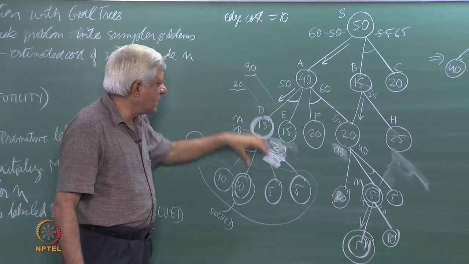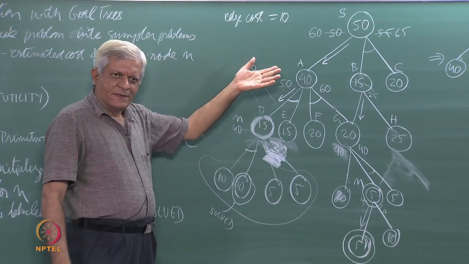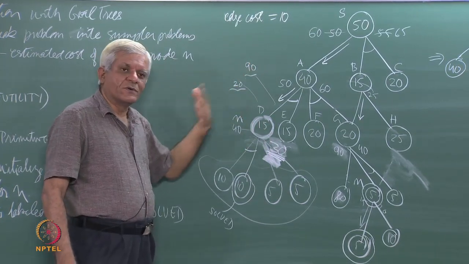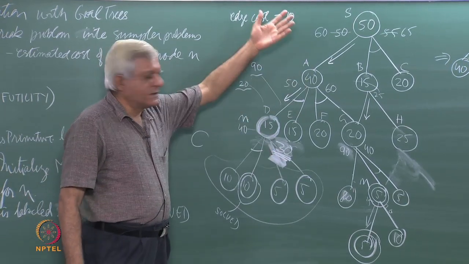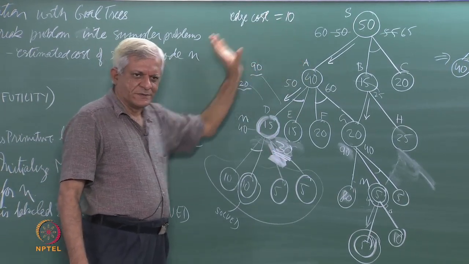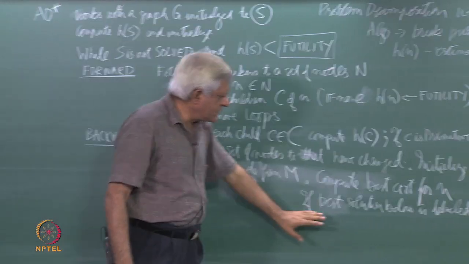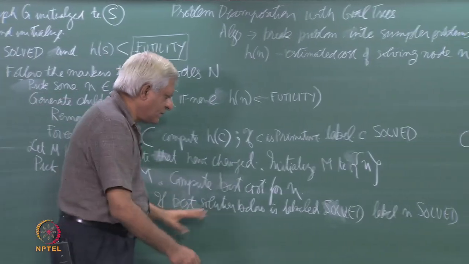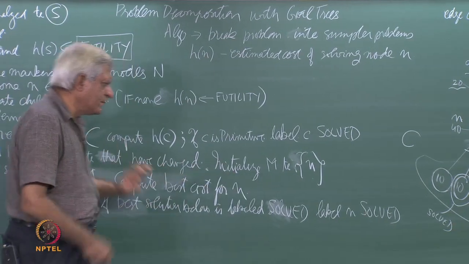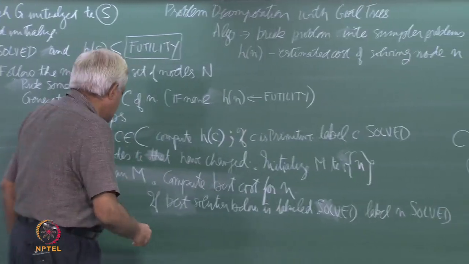So, in this fashion the solved label will percolate up, and I want to keep doing this till solved reaches the root node, and this is the mechanism for the backward phase. If the best solution below n is solved, then you label n solved.